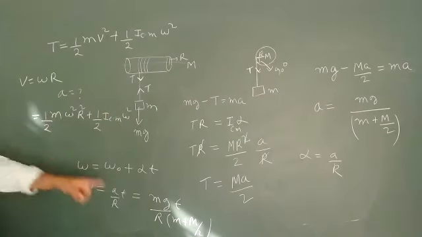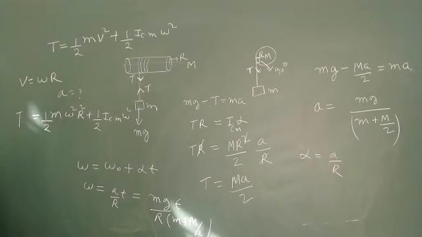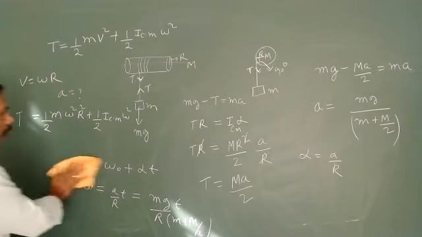Now I have the value of omega. You can put this value of omega and get the kinetic energy after time t. Are you able to calculate this thing? Yes, sir. You can easily write this. So don't worry.